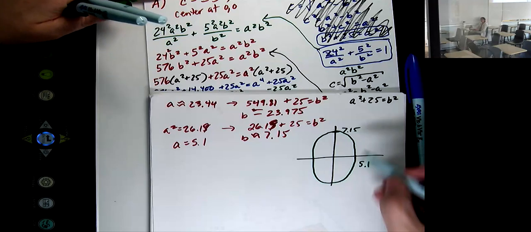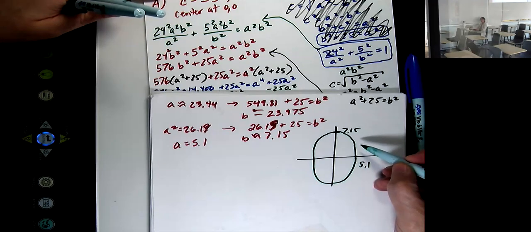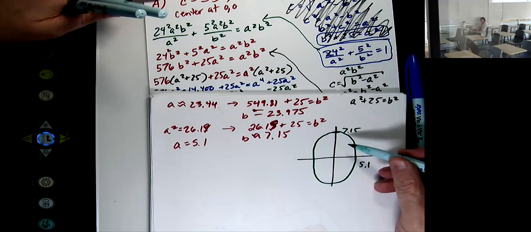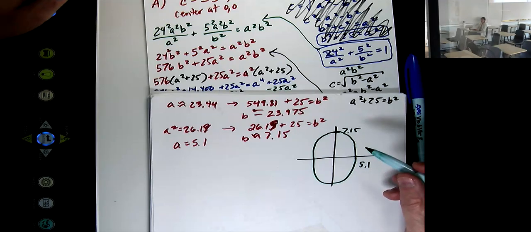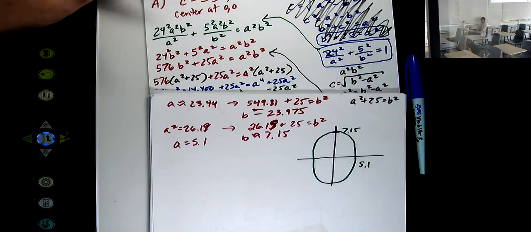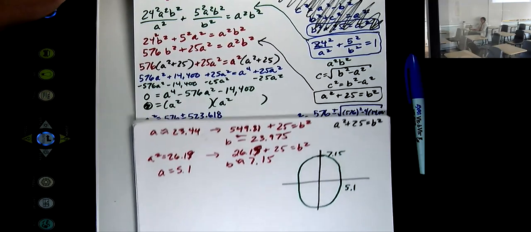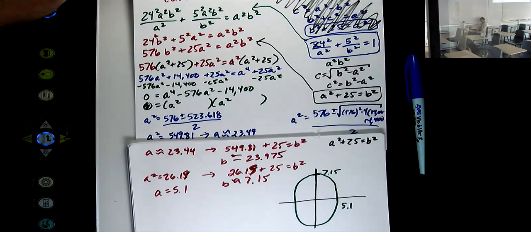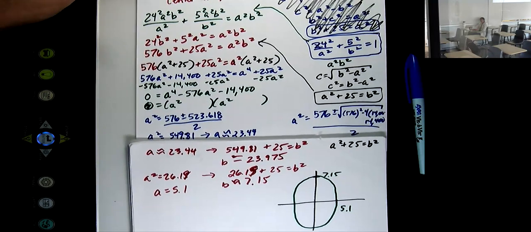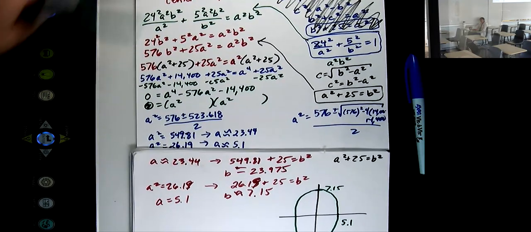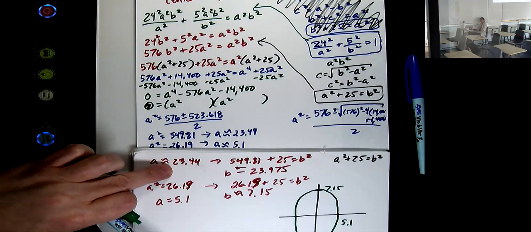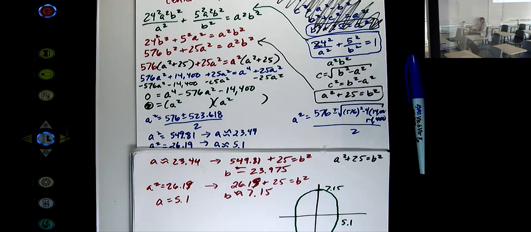There's no way I can get an X of 24 like this. So that's not it. Neither of them has it getting an X of 24. I messed up somewhere. X caps out at 23.44 on that one. So what did I do wrong? There's something wrong somewhere in here.